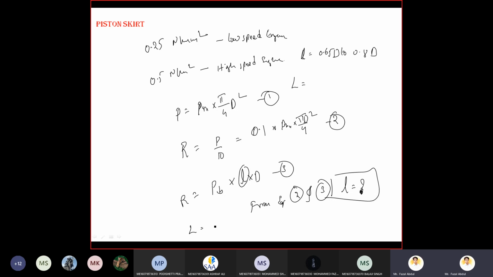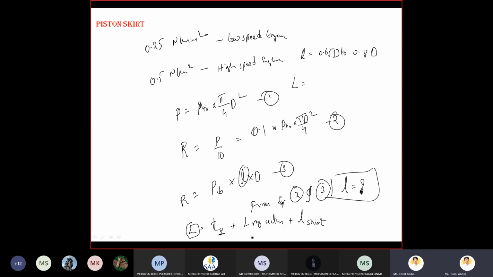The total length of the piston is the top land, that is TH, plus the length of the ring section, plus the length of the skirt. If you add these three, the total length of the piston is determined. The first one is the top land, nothing but the crown thickness.